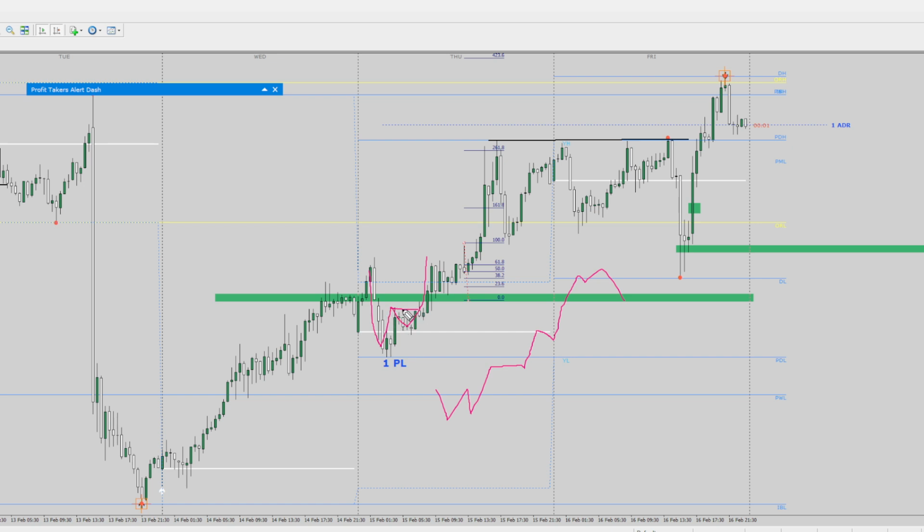We have the break of structure right there inside. Then we have the break of structure, and then we have our retracement, which is also a nice little parabolic trade setup. Okay, it's a parabolic trade setup.